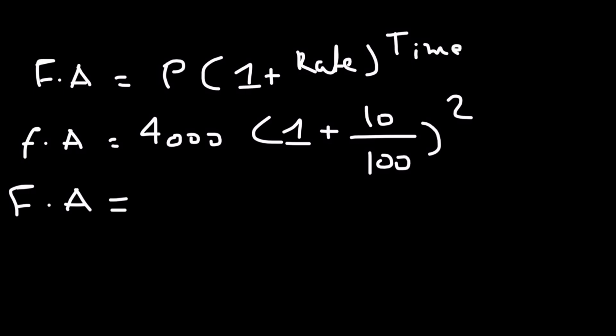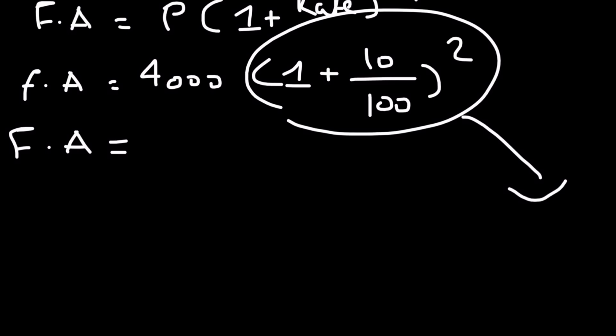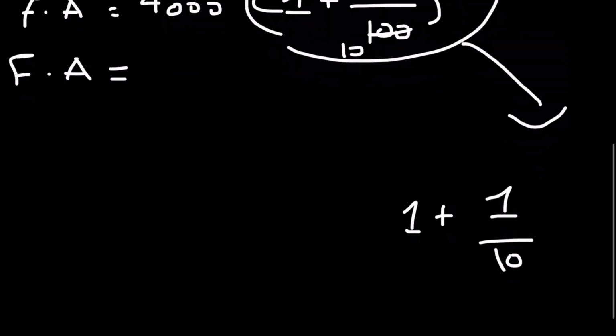So A, or final amount, is equal to 4,000 times this part, so let's firstly simplify it. I have 1 plus 10 divided by 100. I can simplify this to 1 divided by 10, or 1/10, right? So I have 1 plus 1 divided by 10.